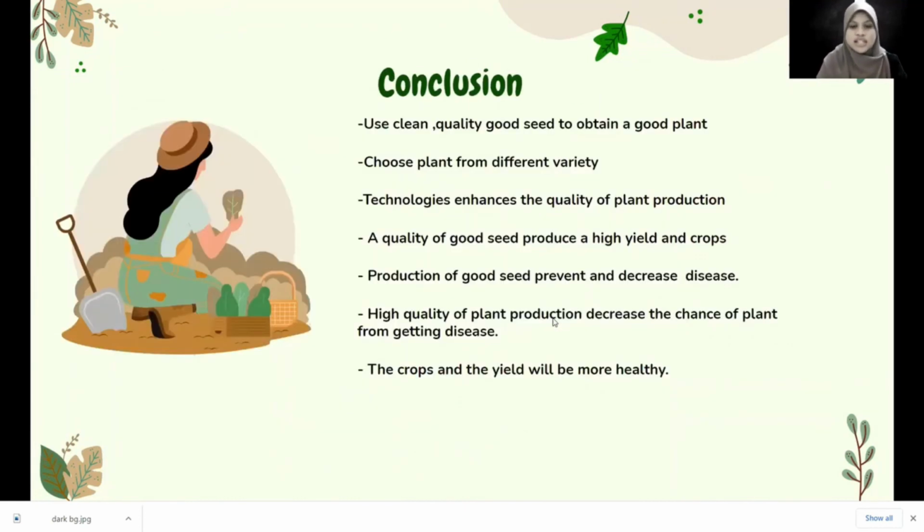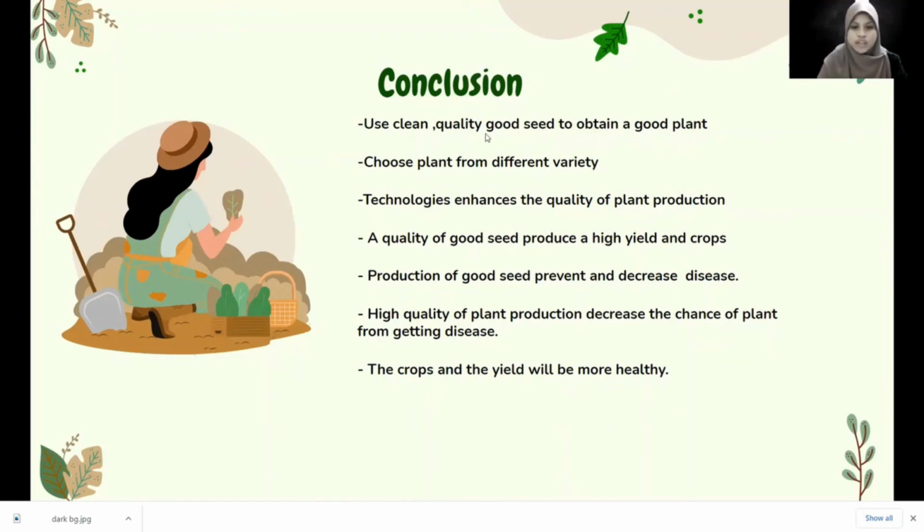The last slide is the conclusion. We can conclude that if we want to make a good and high quality plant, we need to use clean and good quality seed.